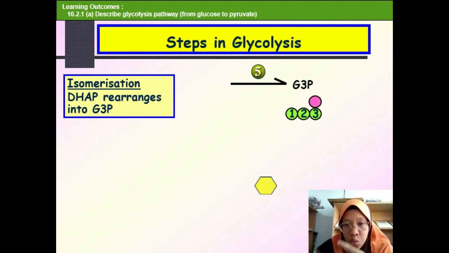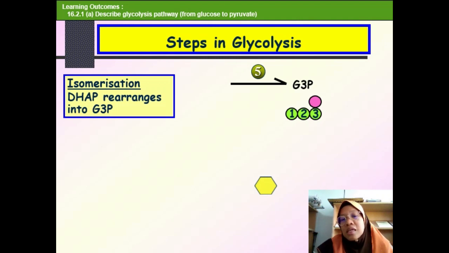Okey, so bila dia buang hidrogen atom, so G3P undergo oxidation. Tapi NAD+ undergo reduction. So ini adalah redox reaction. So bila dia redox reaction, so this type of metabolism, dia akan riliskan banyak energi. Banyak energi yang diriliskan.